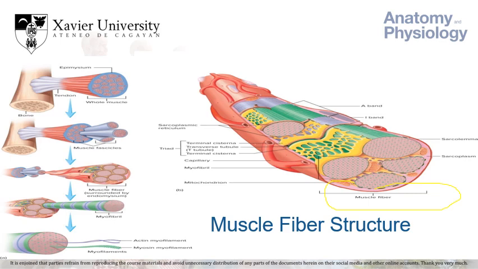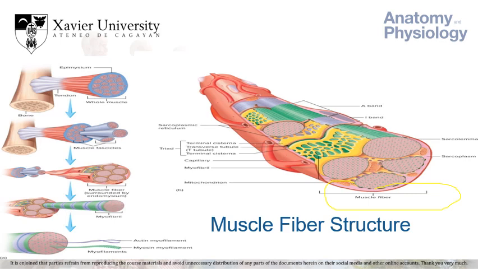The T-tubules are associated with enlarged portions of smooth endoplasmic reticulum, which is called your sarcoplasmic reticulum. The enlarged portions are called terminal cisternae, and the tubule connects the sarcolemma to the terminal cisternae to form a muscle triad.